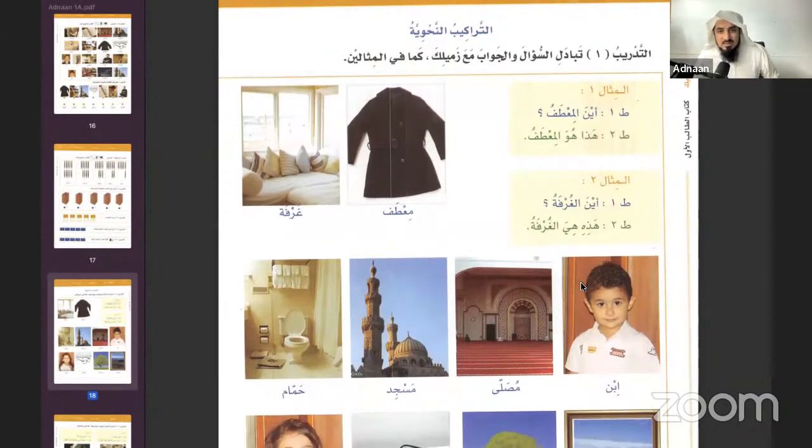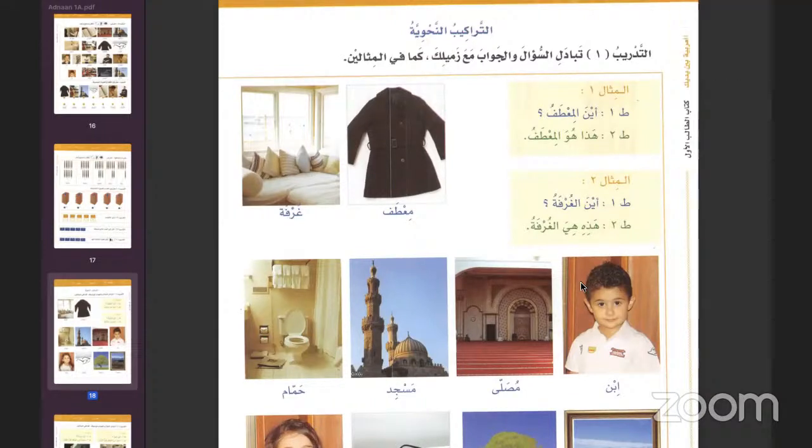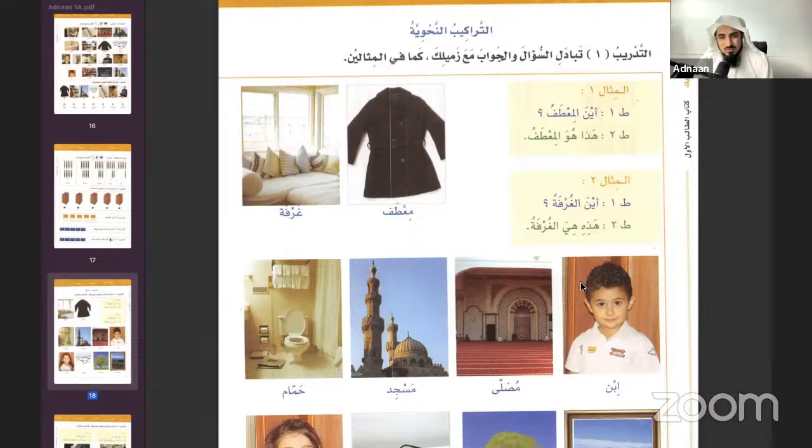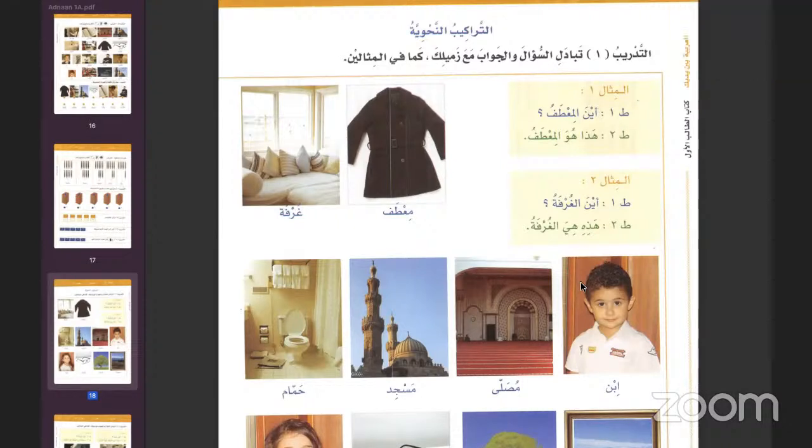Let me ask you, سيدة, أين المعطف؟ Answer as in the book. هذا هو المعطف. نزهة, أين الغرفة؟ هذه هي غرفة.